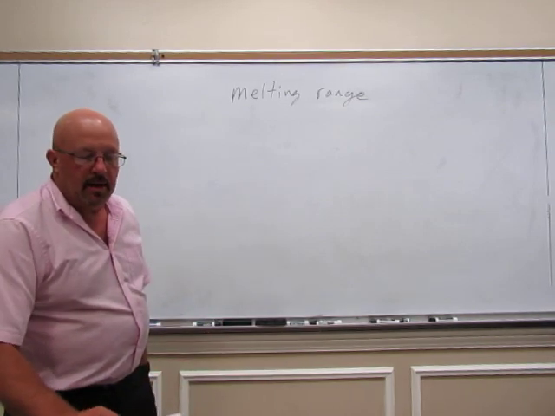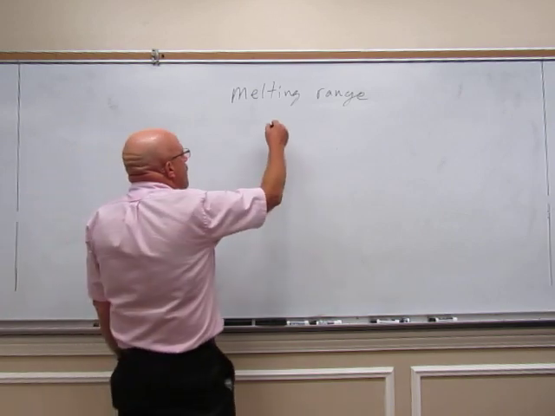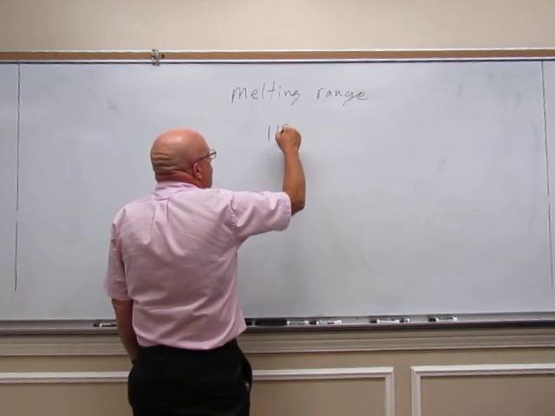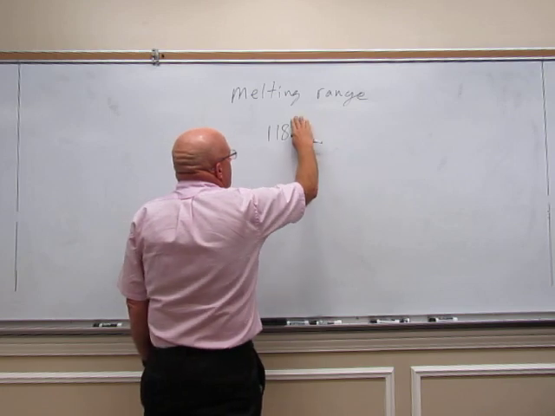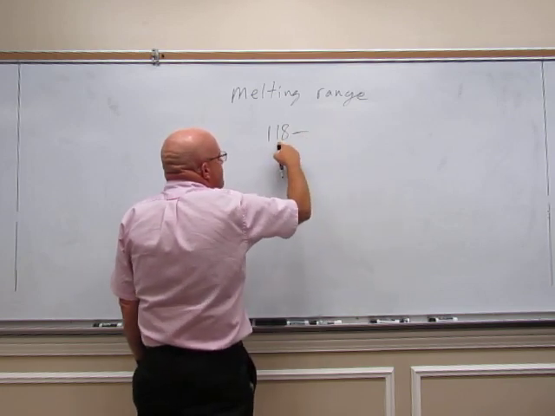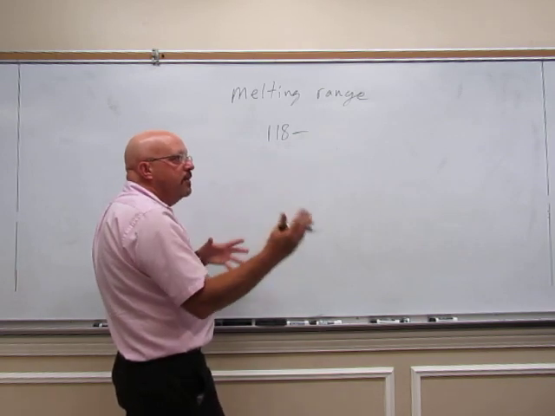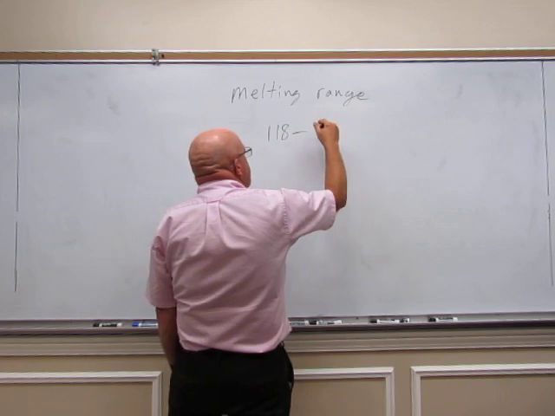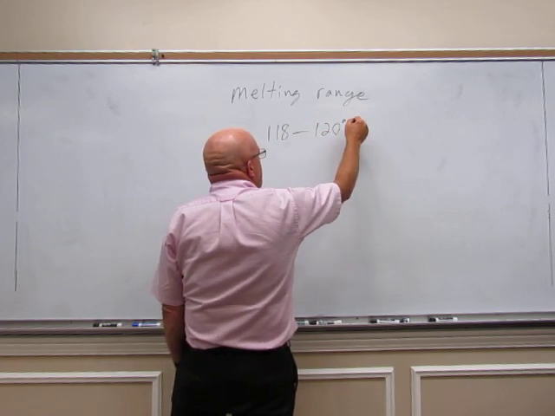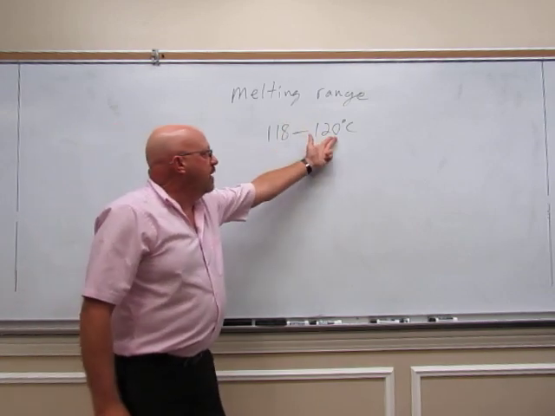So maybe, I don't know, benzoic acid this week, I think it's 120 something. So maybe it starts at 118 degrees, and when we start to see some liquid, so melting, going from a solid to a liquid, 118 maybe to 120, something like that. That's a range. When it starts to melt, when it's finished melting.